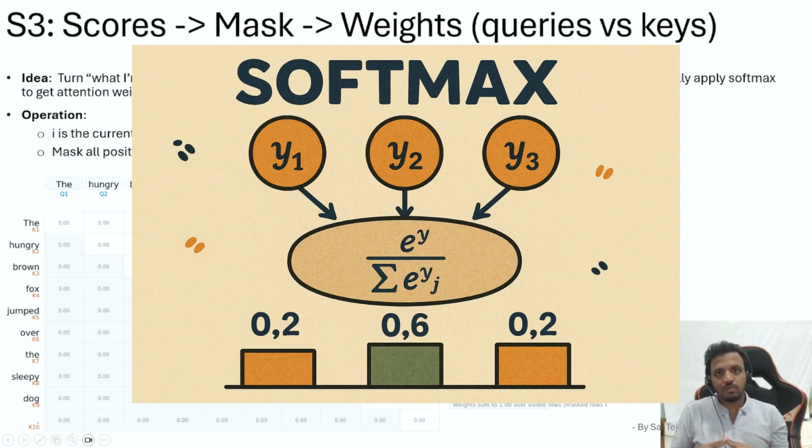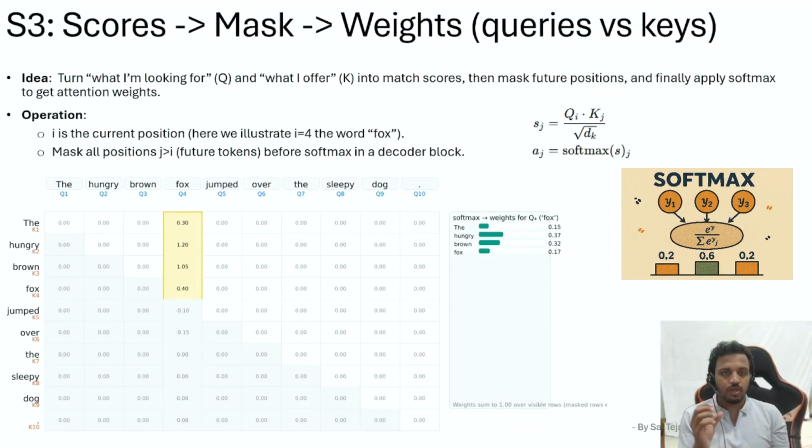Now if you know what softmax is, it normalizes. It brings values between 0 and 1. Yes, it is between 0 and 1, I just double checked. So all these values together would be between 0 and 1. Now you see the values here, 1.2, 1.0, you are saying it's not between 0 and 1, right? Yes, because that is the value we get after doing the dot product.